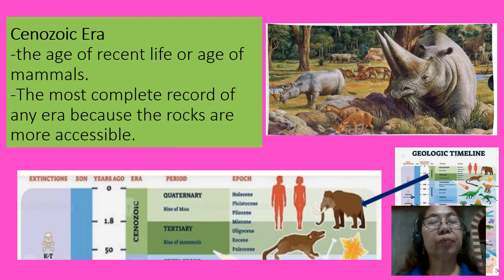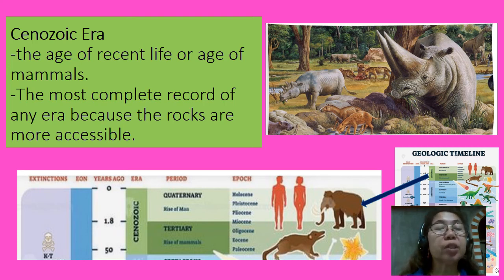Cenozoic era. The age of recent life, I'm referring to the age of mammals. At this time, the continents moved to their present position. However, the Ice Age occurred. After that, flowering plants, fruits, grains, and grasses evolved.